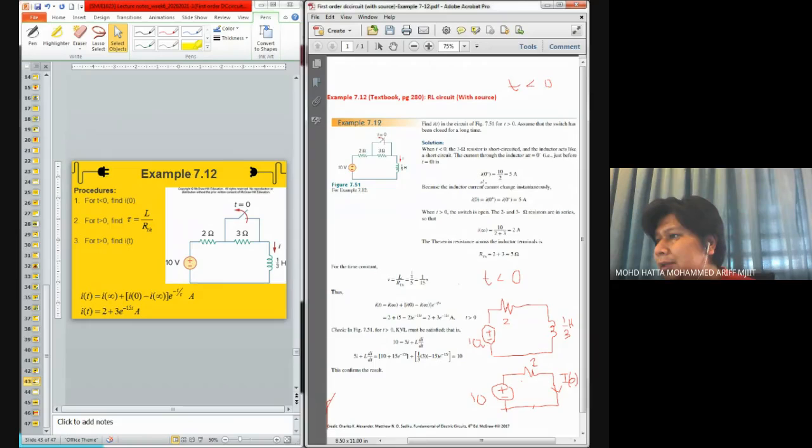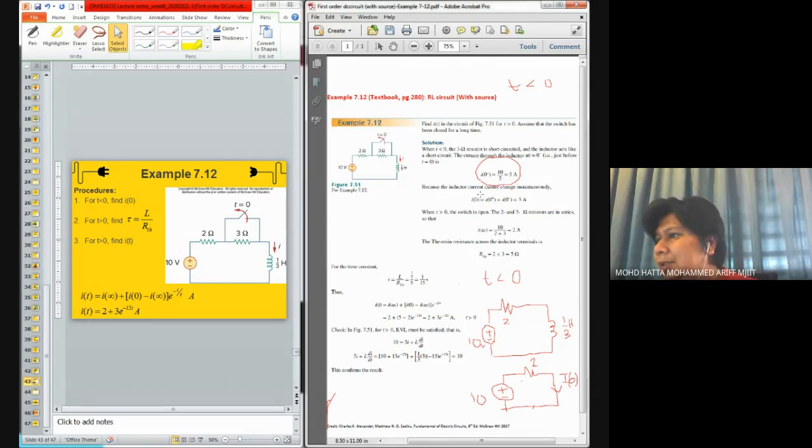So here you see the current through the inductor at t equals 0 negative, before the switch is open, or at t less than 0, is given by this equation.